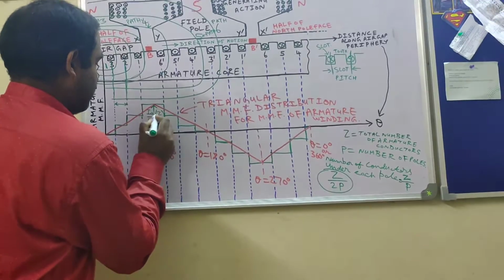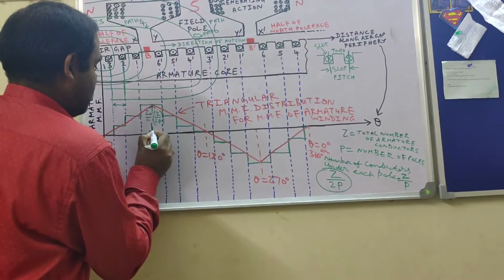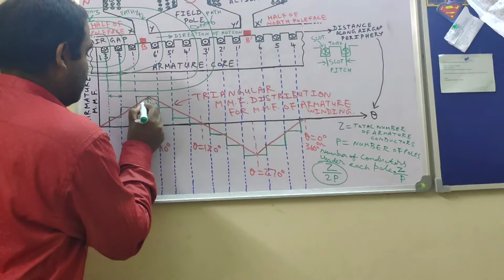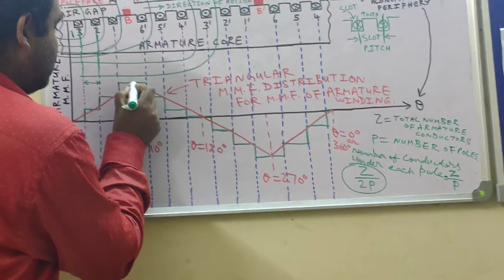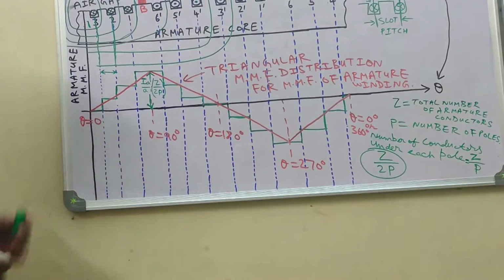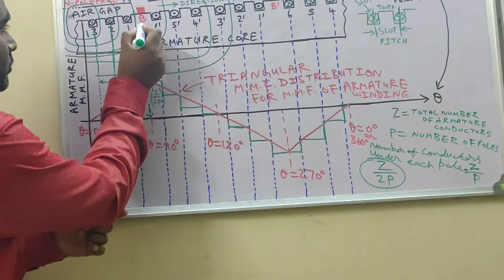What is the thing you want to observe? Try to find out where the peak of the armature MMF is occurring. The peak of the armature MMF is occurring at this point and at this point. So what is this point? Look here, you just stretch it.